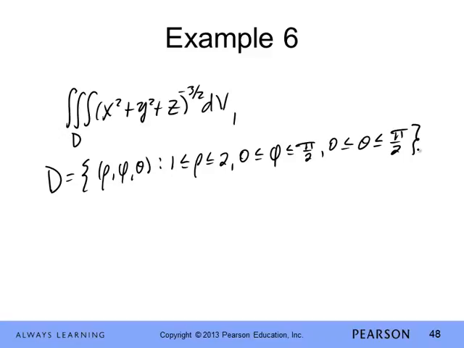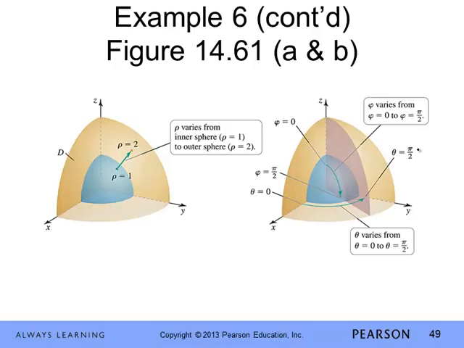So what does this look like? Well, rho goes from 1 to 2. That means that all the points in this region are going to be between 1 and 2 units away from the origin, like you see here. Now, you see the blue part, that forms the inner wall, beyond which it's hollow.